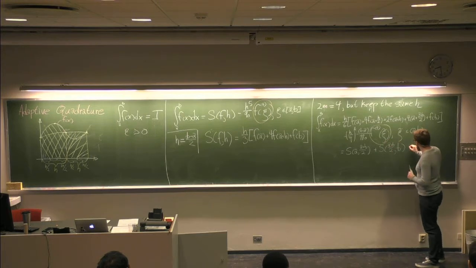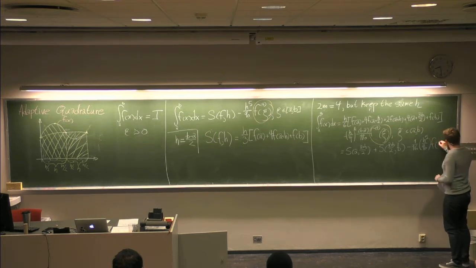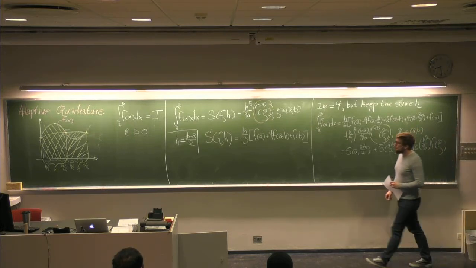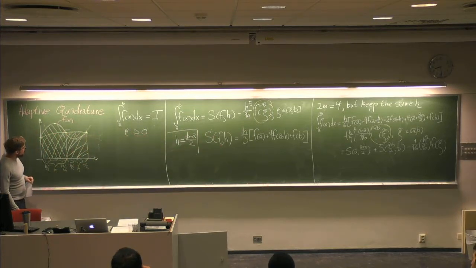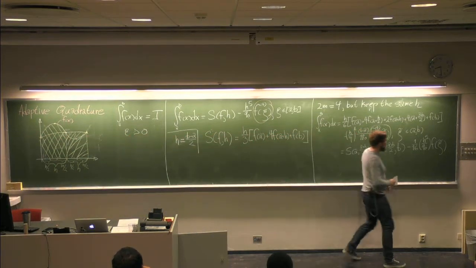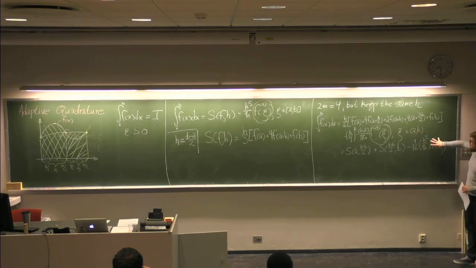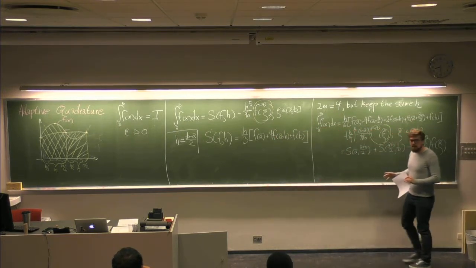And then again this error, which is going to be 1 over 16 times h to the 5 over 90. So this is the expression for the whole interval, and this is if we split it into two. By assuming that the one with the tilde and the one without are the same, we can estimate the error using this.